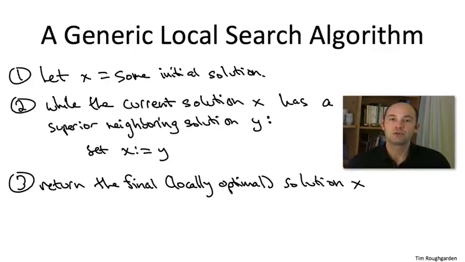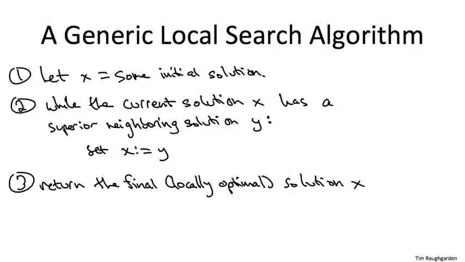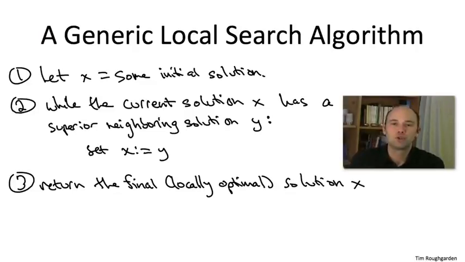We repeatedly searched for a superior neighboring solution. That is, we tried to see if there was a way to move a vertex from one group to the other to get a better cut. If we found such a superior neighboring solution, we iterated from that better solution. And then when we couldn't iterate any more, when there were no better neighboring cuts, we just halted and returned the final result. You can apply this generic local search procedure to other problems in exactly the same way.